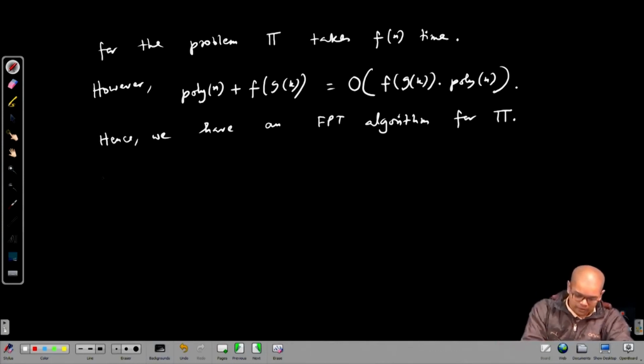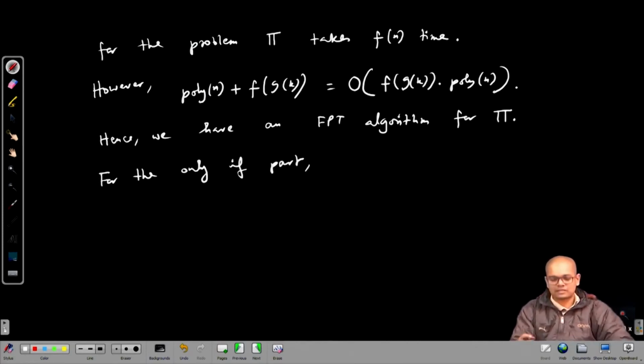Now, for the only if part. For the only if part, it means suppose that we have an FPT algorithm, then we will show that there also exists a kernelization algorithm.